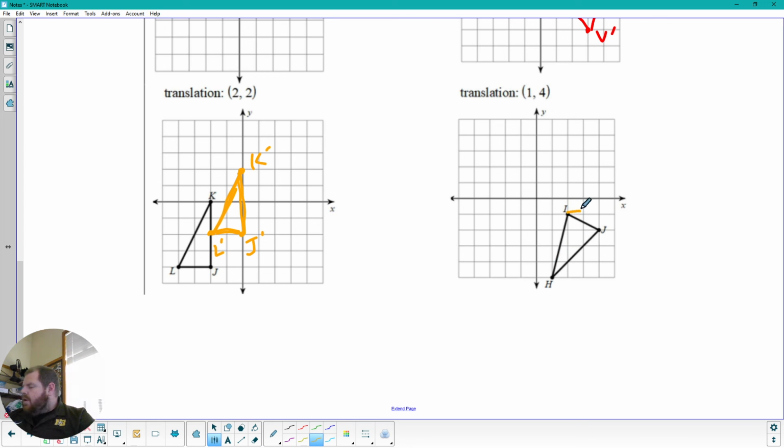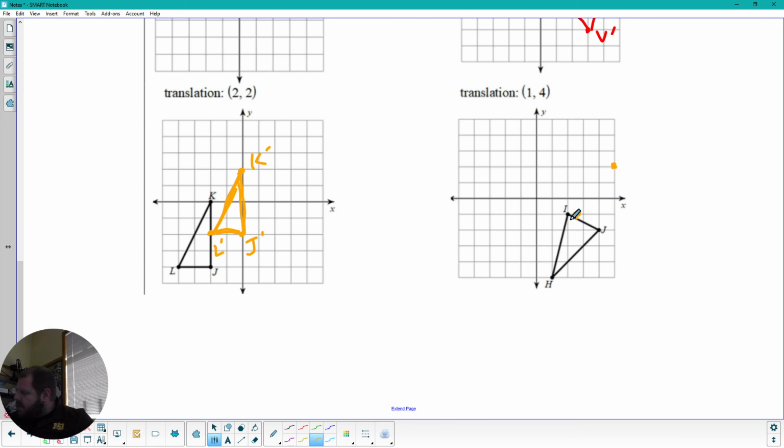All these are going to go over 1 and up 4. Over 1, up 4. And over 1, up 4. And again, you can draw those guidelines, but I would probably get them out of there just to clean it up, if only a little bit.